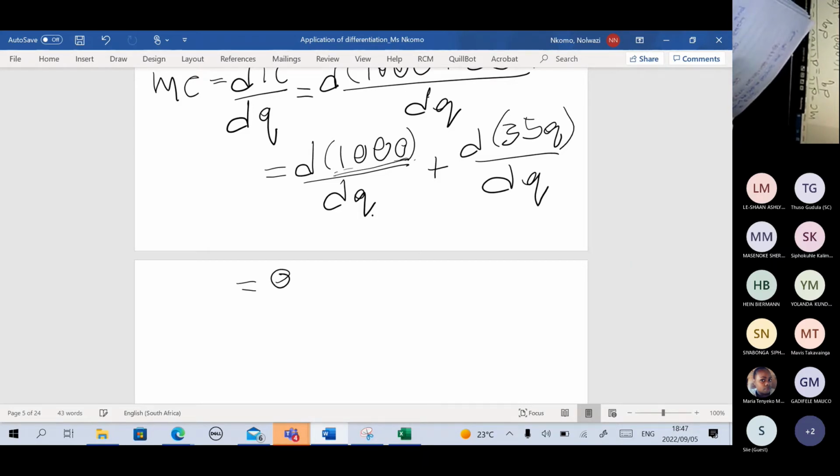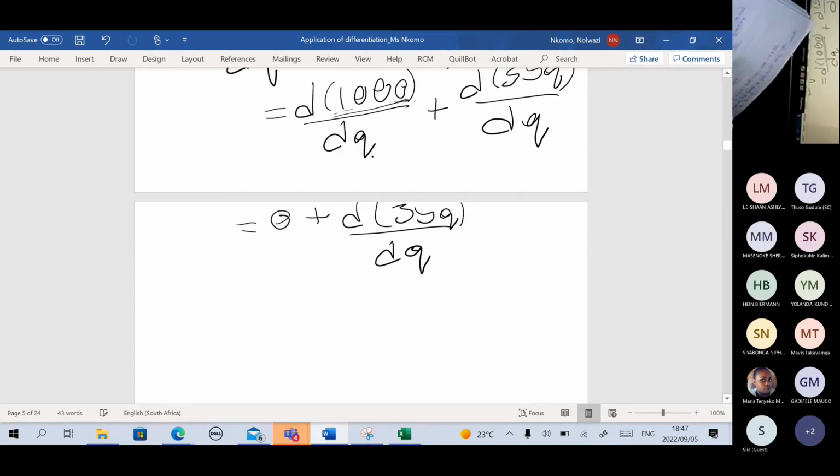So we have 0 plus the derivative of 35Q with respect to Q, and we know that the derivative of 35Q is equal to 35.